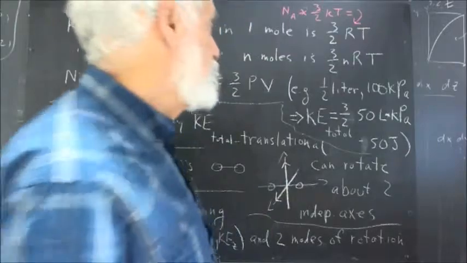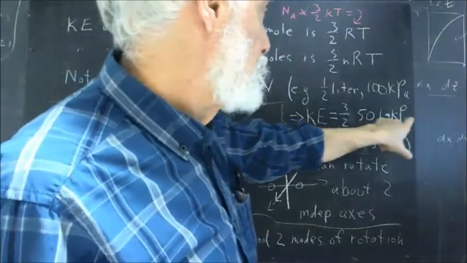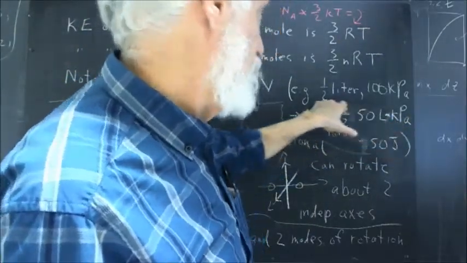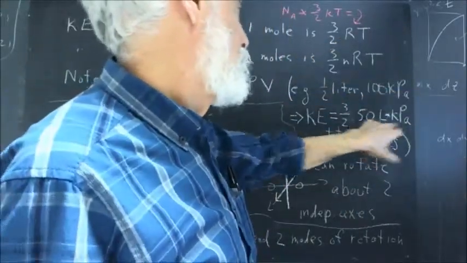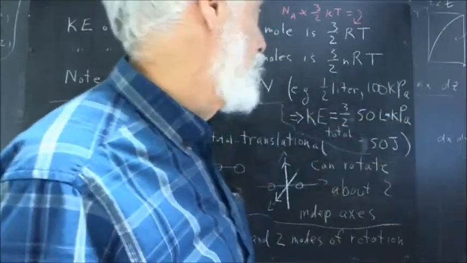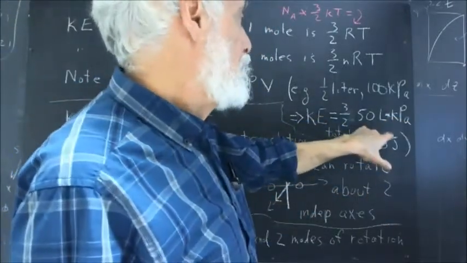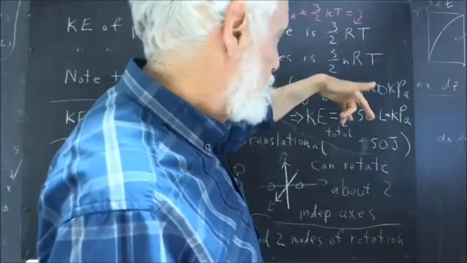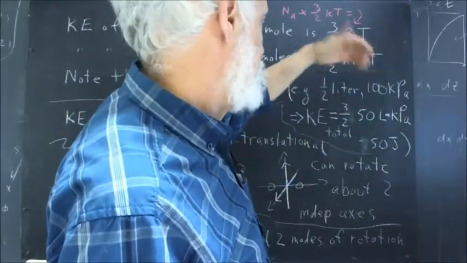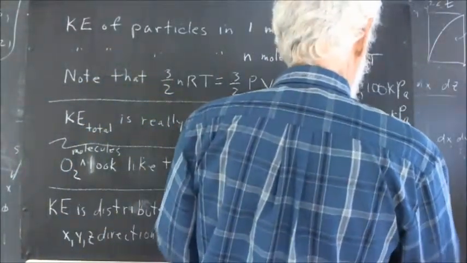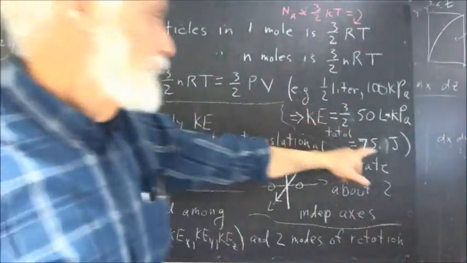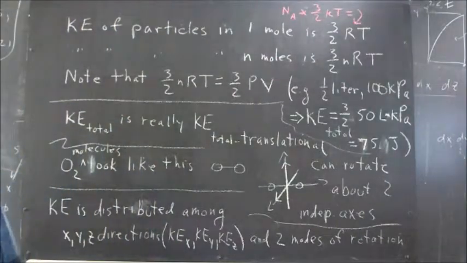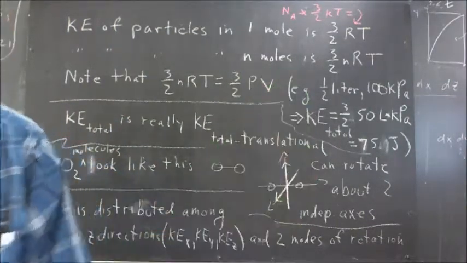It's 3/2 PV, which is 3/2 of half a liter times 100 kilopascals, a liter being 100th of a cubic meter, a kilopascal being 1,000 newtons per square meter. We end up with newtons per square meter multiplied by cubic meters, or newton meters, which is joules, and we get 75 joules, total kinetic energy of the particles in the gas that occupies this bottle.